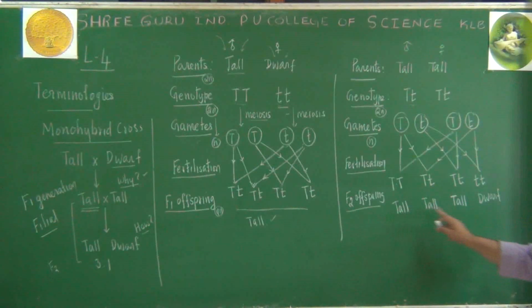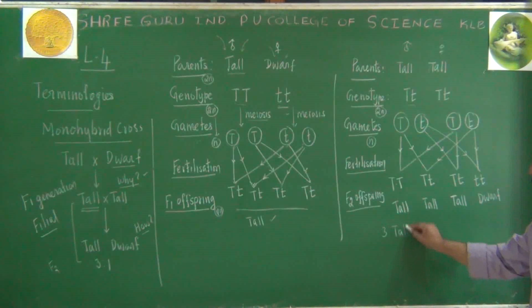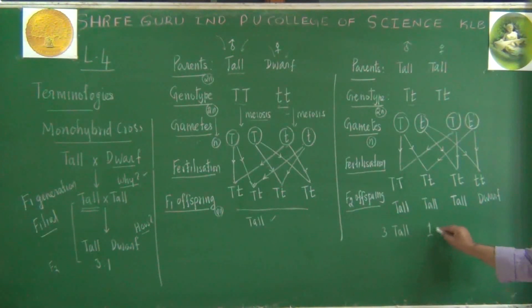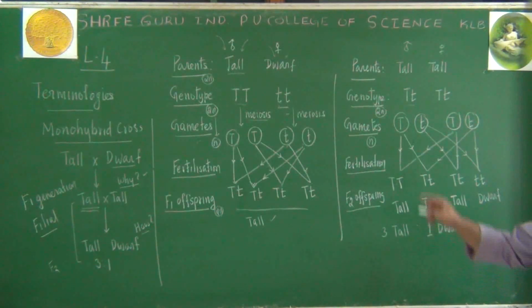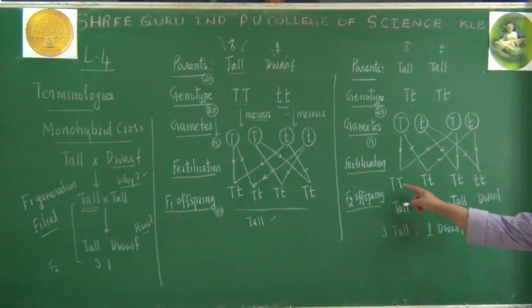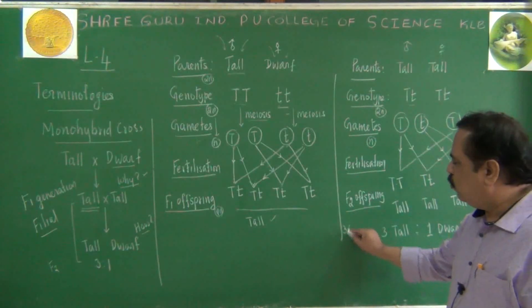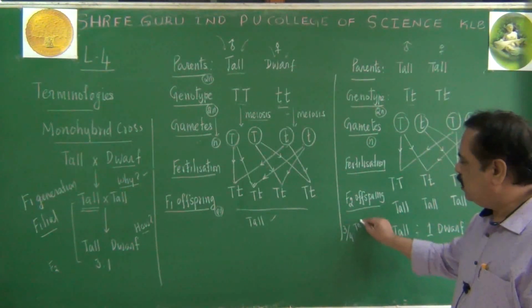Dear students, you can observe this. There are 3 tall varieties in the F2 offspring and 1 dwarf variety in the F2 offspring. That is why Mendel told them as a 3:1 ratio. 3:1 is the ratio of a monohybrid cross. 3 individuals are tall and only 1 individual is dwarf. Or otherwise, I can say that 3/4 of them are tall individuals.